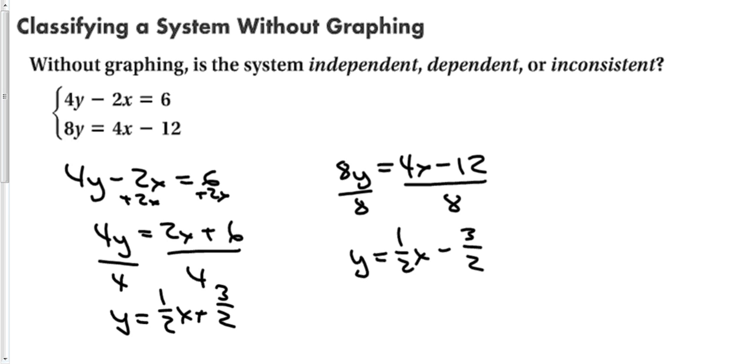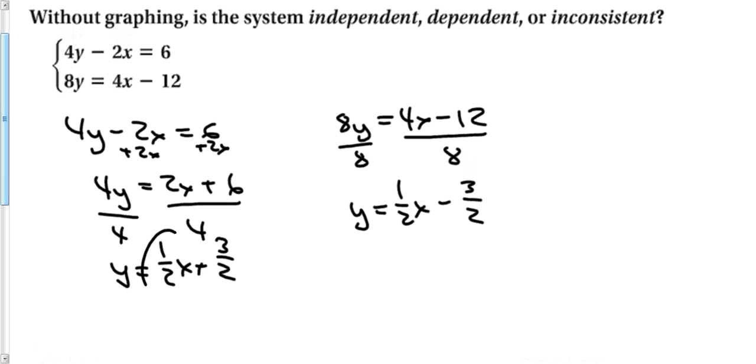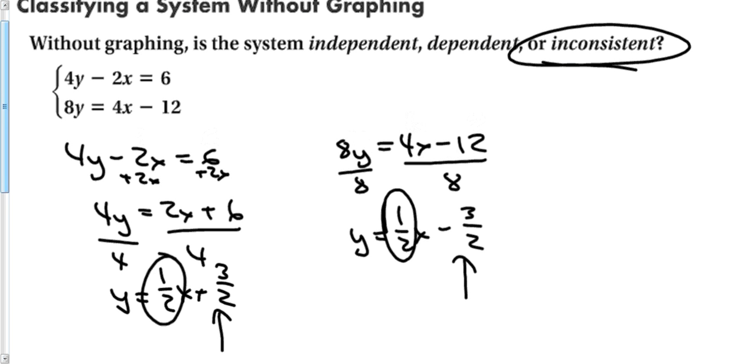Now if we notice, my slopes are the same, but my y-intercepts are different. Same number, but different sign. That means they're different. So when slopes are the same and the intercepts are different, that is an inconsistent system. Those two lines are parallel.